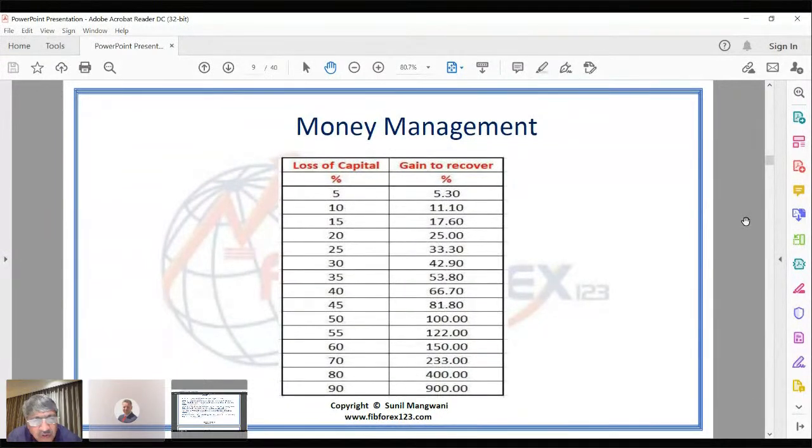Let's say I have an account of $10,000, just as an example, and I have lost 50% of my capital. So I'm left with $5,000. Now I have to make $5,000 on top of my existing $5,000 to get back to break even, to my capital of $10,000. And then my profitability starts. So the larger your losses are, the more exponential is your path to recovery.